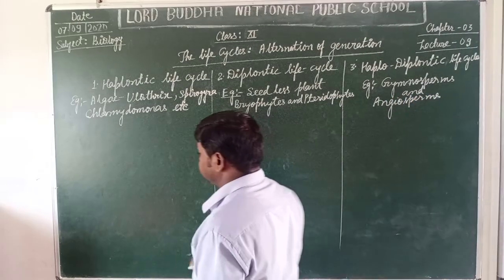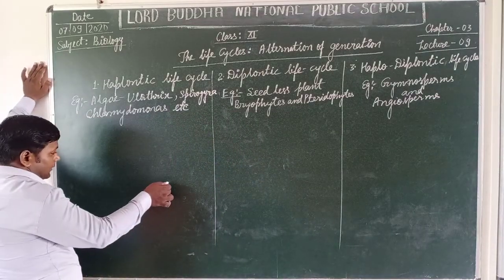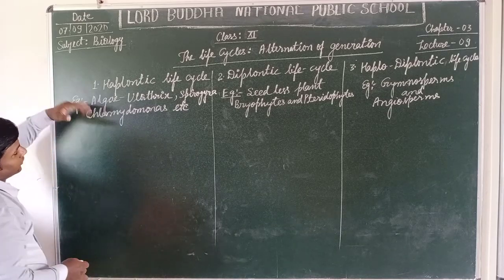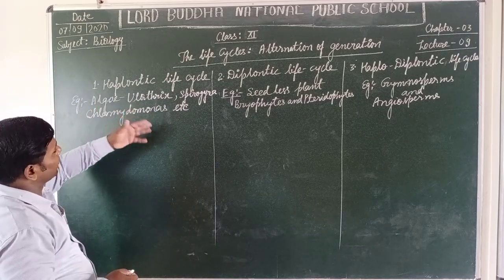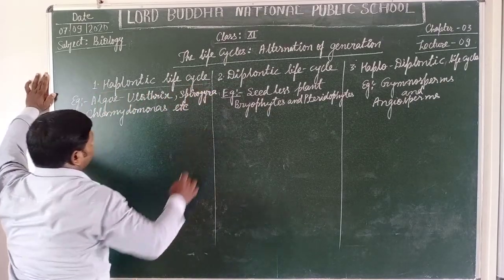Now students, here I am going to describe the life cycle in Ulothrix, Spirogyra or Chlamydomonas type of algae. It means the haplontic life cycle.